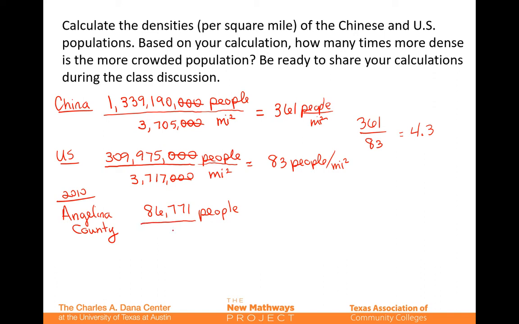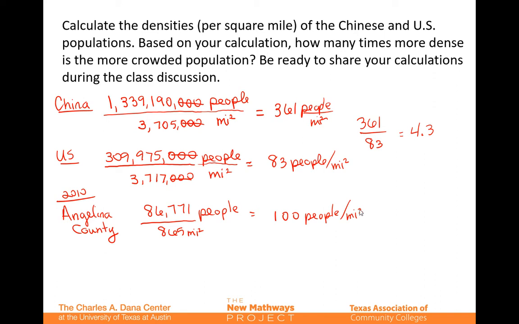And the area of Angelina County is 865 square miles. We do 86,771 divided by 865 to the nearest whole number. That came out to be exactly 100 people per square mile. And that seems really reasonable.